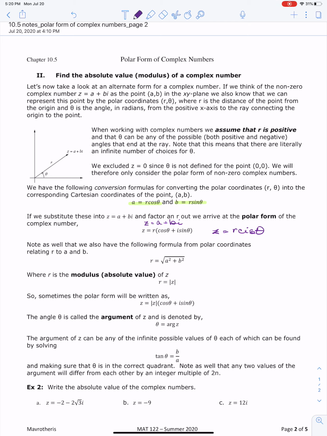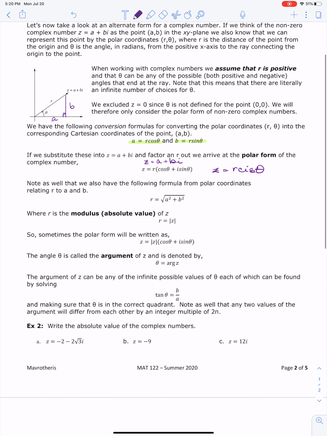Okay, just like with the xy coordinates, we can find r. So up here on our triangle, this is our A, this is our B. We can use those to find r, the square root of a squared plus b squared. This should look familiar. You may see it written like this with the absolute value bars.